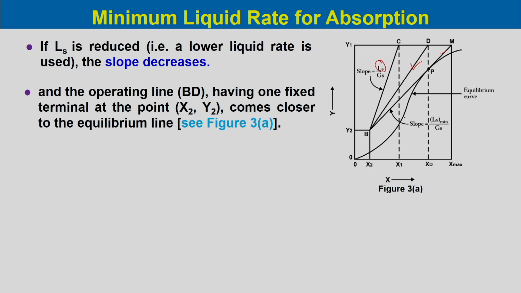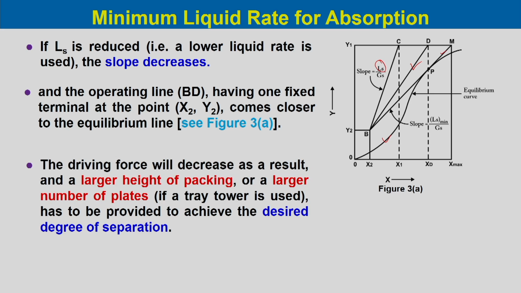So, this is the equilibrium line, and operating line BC comes to BD, which is closer to the equilibrium line compared to the BC line. The driving force will decrease as a result. As we said at the beginning, the departure from the equilibrium line is the driving force for mass transfer.